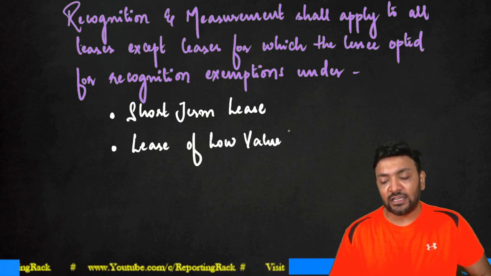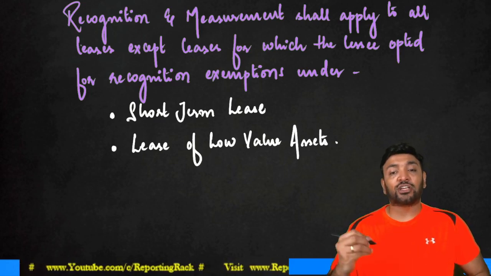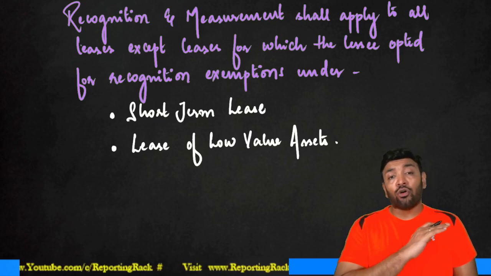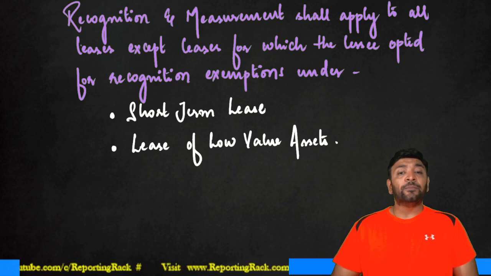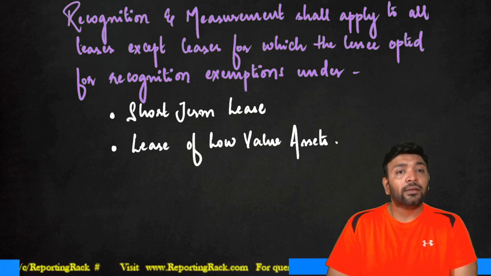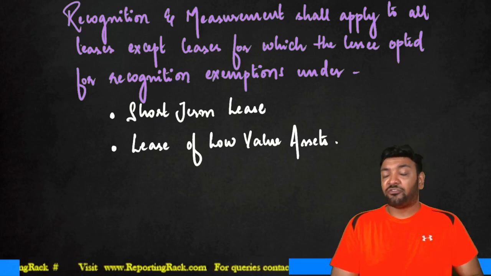Except for these two leases, where the lessee has opted for an exemption, I would apply the recognition and measurement criteria to all the other leases. Clear? Now let's talk about the first concept.